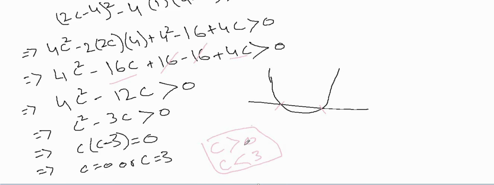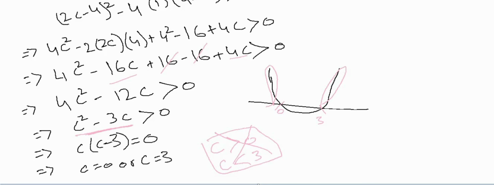Okay, why is it wrong? You can easily see that if this value needs to be greater than 0, then, so over here it is 0 and it is 3, c must be less than 0, so it should be on this side. It has to be like this.